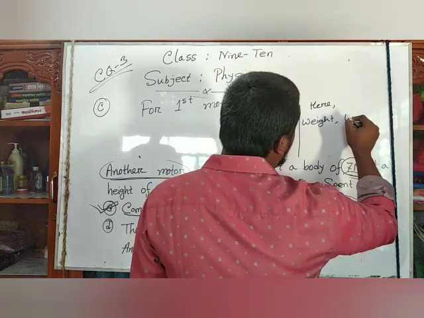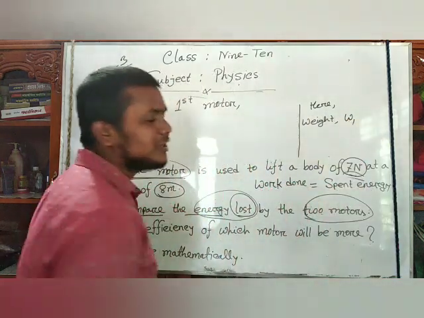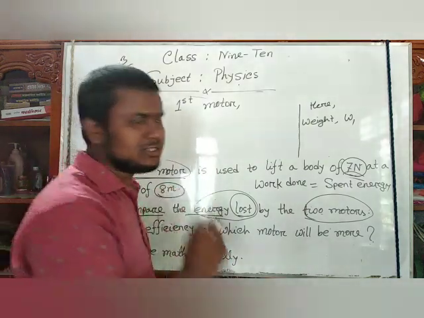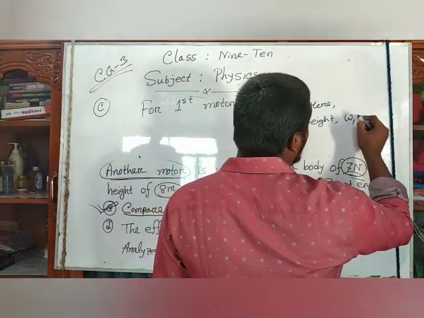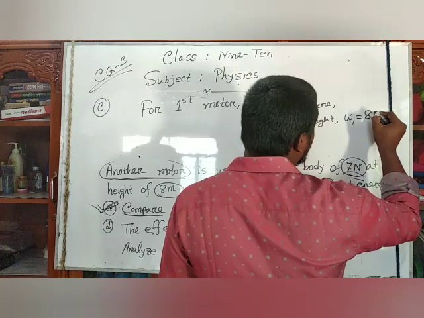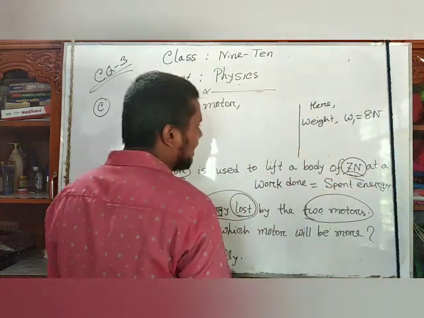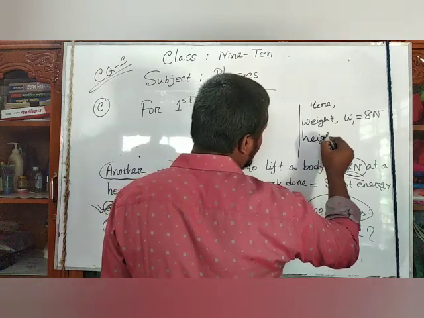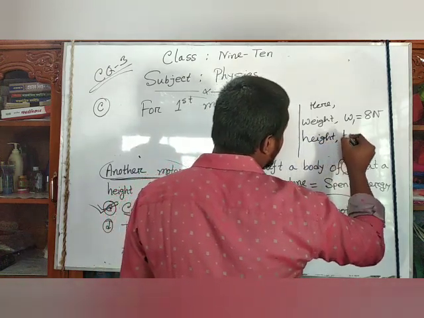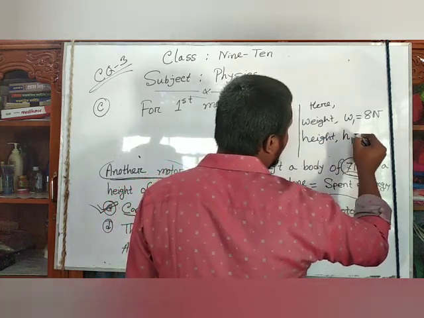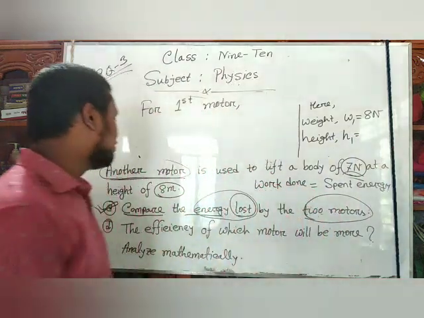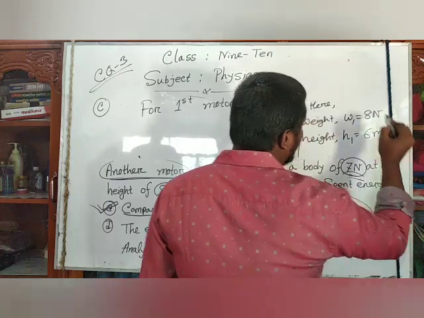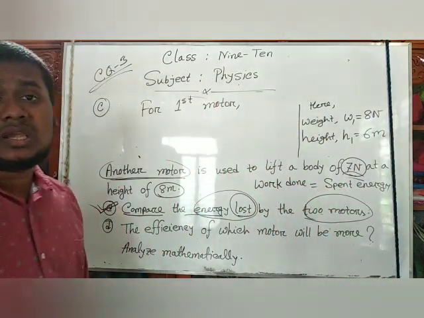Then we denote W1. This is not work, this is weight. That means W1 equals 8 Newton. And the distance, that means height, which is denoted by H1, equals 6 meter.